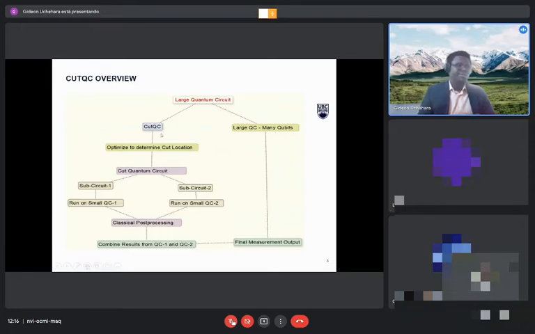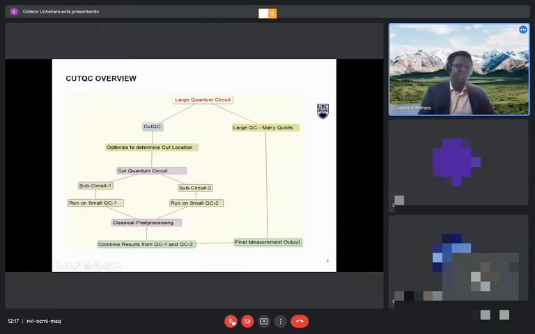What this does is that you first have your circuit, you determine a location that you will cut such that you maximize the number of qubits that will fit into your device, and split that circuit into subcircuits and run them on your small quantum device.